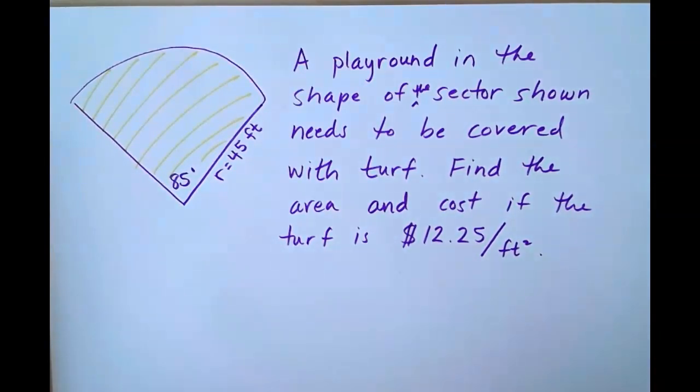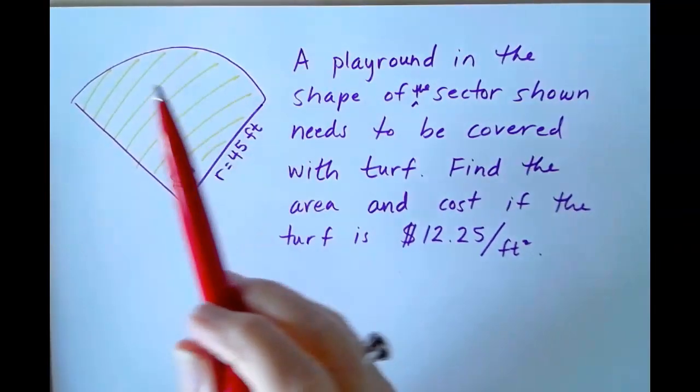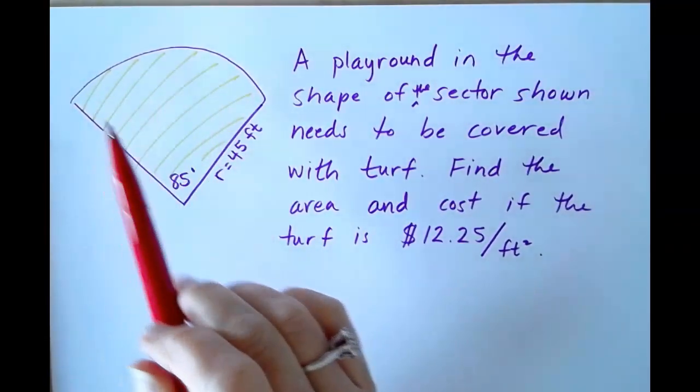A playground in the shape of the sector shown needs to be covered with turf. Find the area and cost if the turf is $12.25 per square foot. A sector is basically like a slice of pie. So we're looking for the area here.